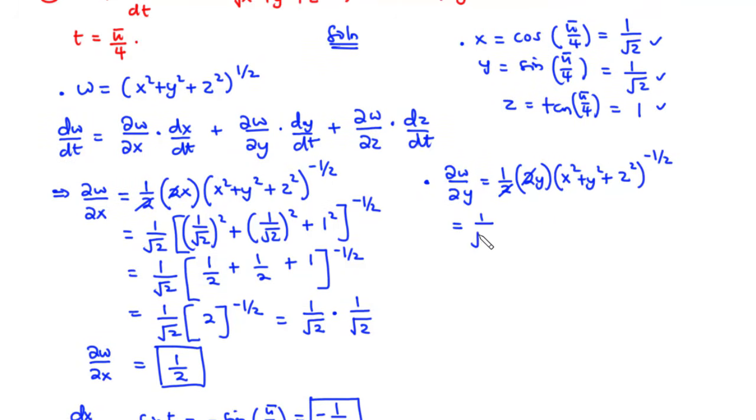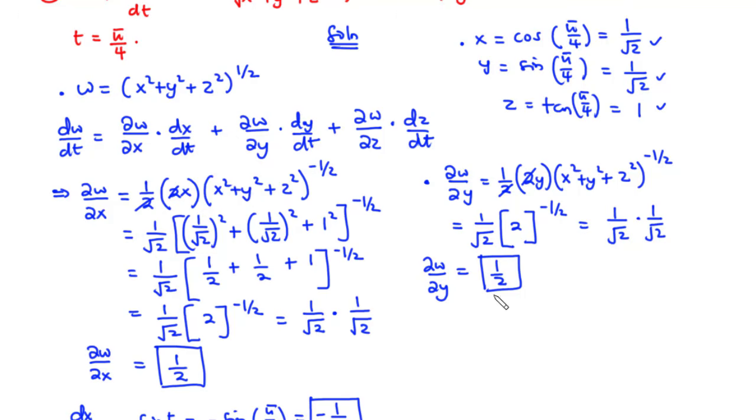So we have 1 over root 2 times 1 over root 2 all squared plus 1 over root 2 all squared plus 1 squared. So we can basically ignore all those processes and simply have 2 inside the bracket, exponent negative 1 over 2. So this is equal to 1 over root 2 times 1 over root 2, and that is equal to 1 over 2. So you have the partial with respect to y also to be 1 over 2.